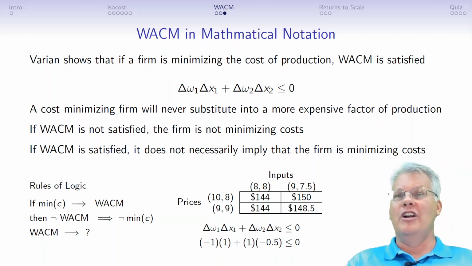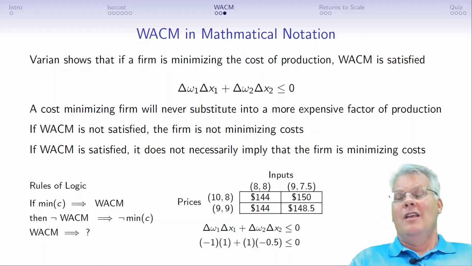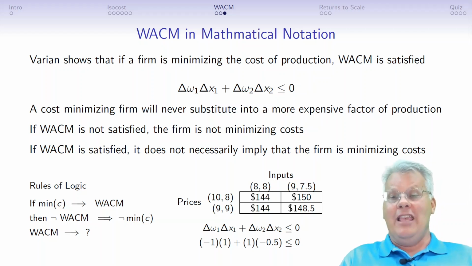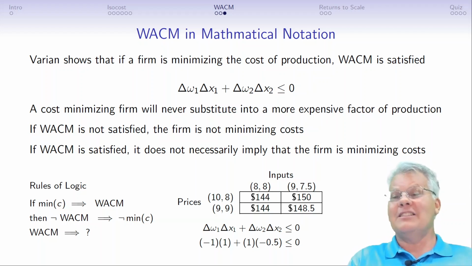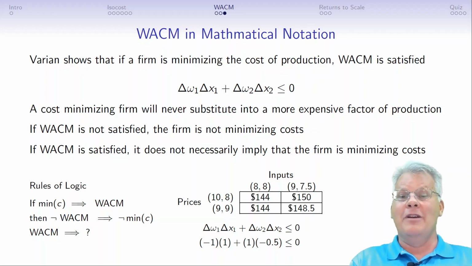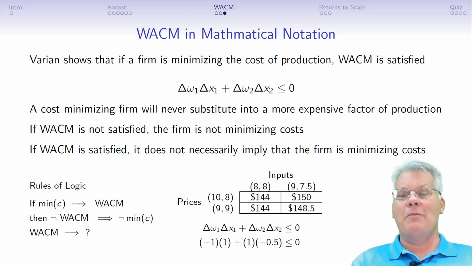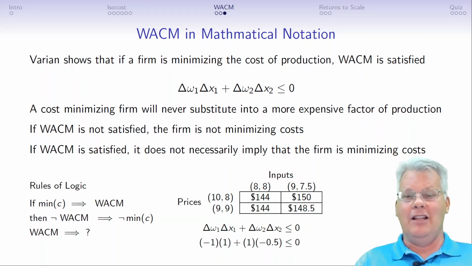WACM, however, does not imply anything in and of itself. What this means literally is that it is possible to come up with numeric examples of behavior that satisfies WACM but does not minimize costs. So I have come up with a numeric example to my immediate left.